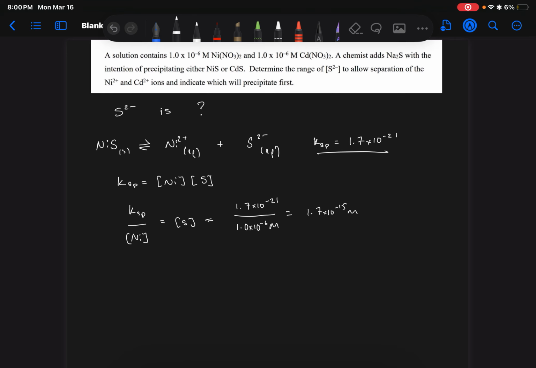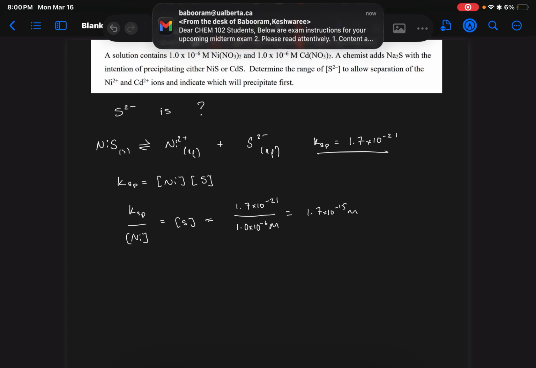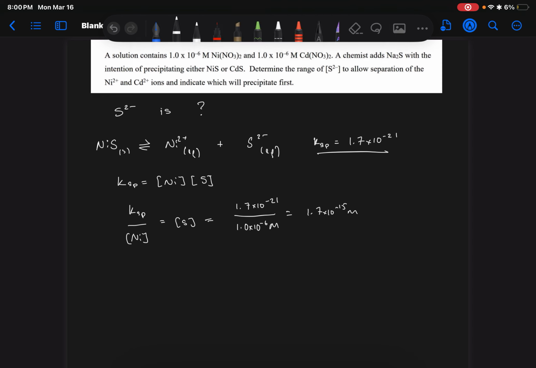Because we already know the concentration of nickel 2+ ion, we can solve for the sulfide ion concentration, and then we'll know how much sulfide is needed for the Ksp value to be fulfilled. Maybe my wording is bad, but in my mind, Ksp is where the reaction needs to be in order for the precipitate to form.